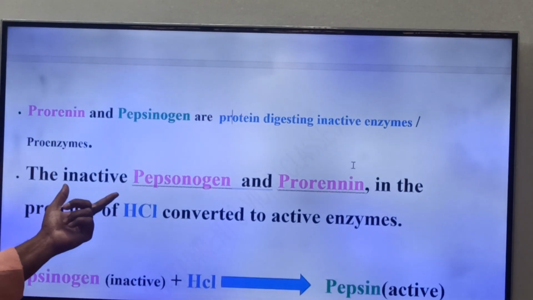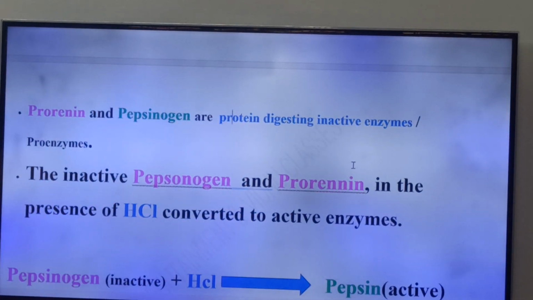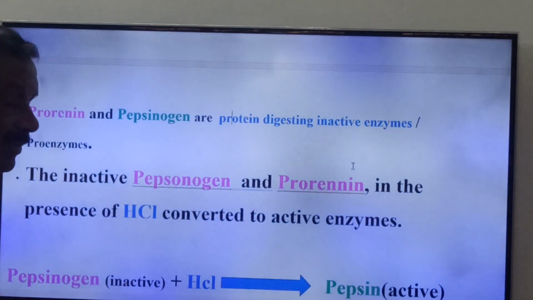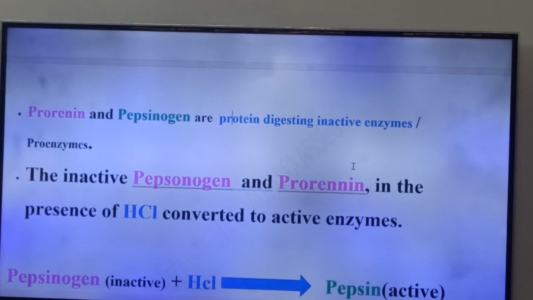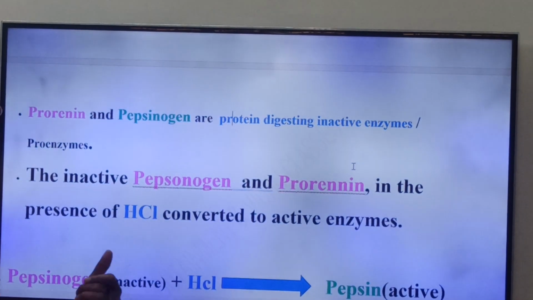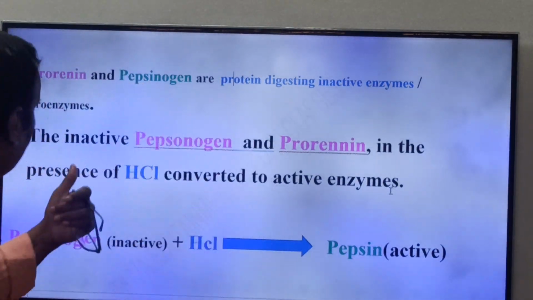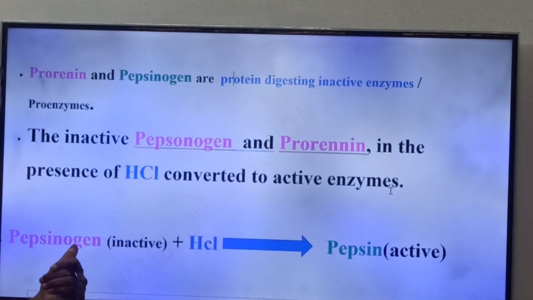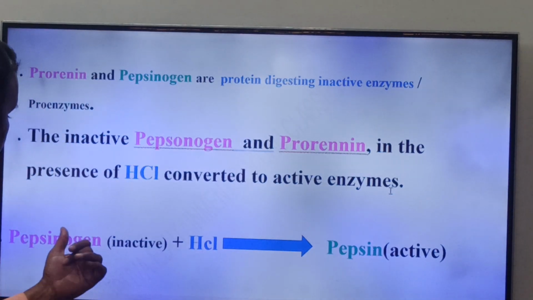These inactive pepsinogen and prorenin, in the presence of HCl, are converted into active enzymes. Gastric juice has HCl. Pepsinogen, the inactive enzyme, in the presence of HCl is converted into active pepsin.